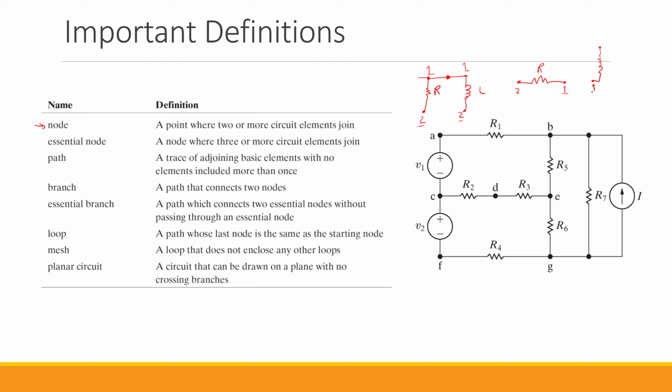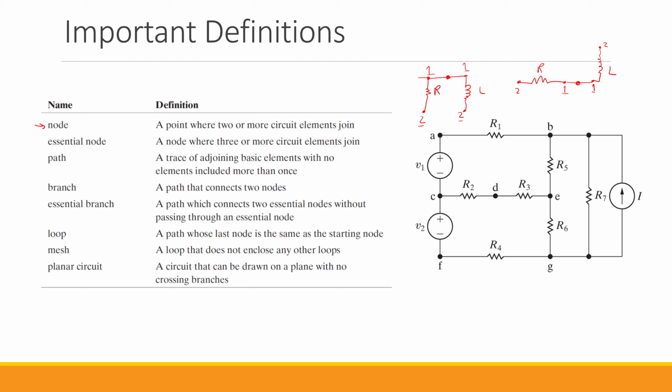So now terminal 1 is here, terminal 2 of the inductor is here, right? And I connect them. As you can see, the orientation of these components does not change the node that connects these two together.